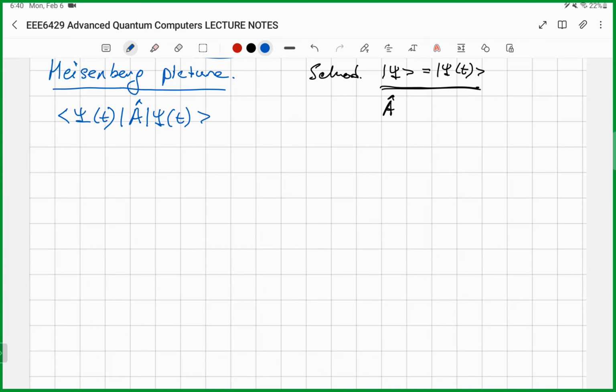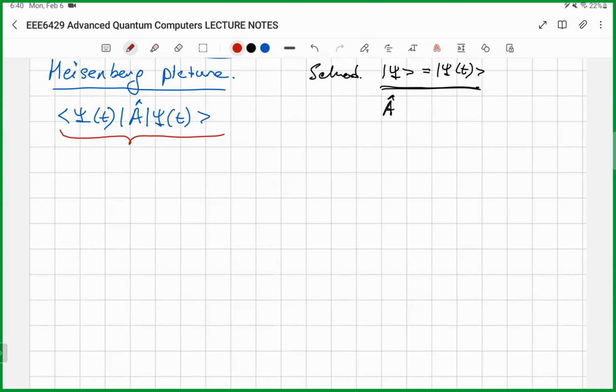So this is the most important construction in all this theory, because in some sense, this is the only thing that has physical meaning and physical reality.